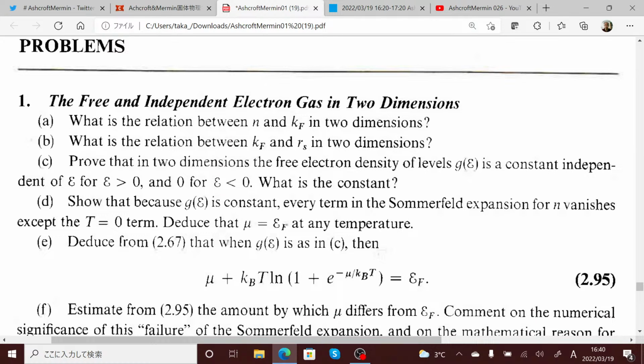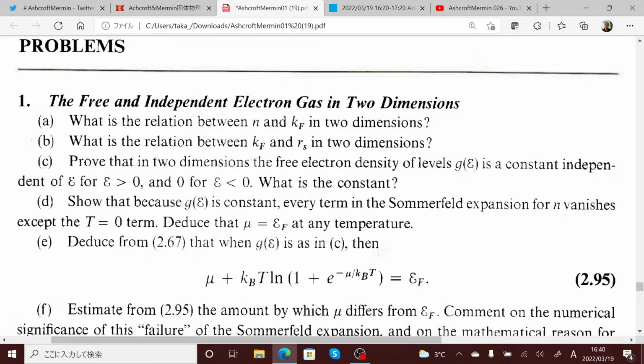The free and independent electron gas in two dimensions. What is the relation between N and Kf in 2 dimensions? What is the relation between Kf and Rs in 2 dimensions?